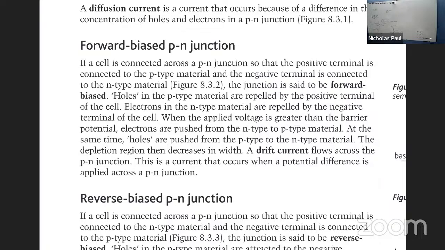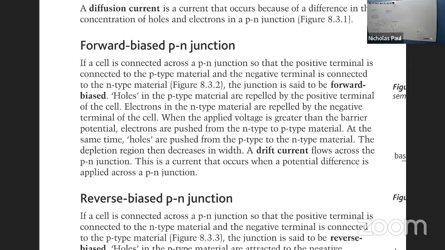The holes in the p-type are repelled by the positive terminal of the cell. Electrons in the n-type are repelled by the negative terminal. As a result, when the applied voltage is greater than the barrier potential, electrons are pushed from the n-type to the p-type. That's okay? So the negative charge here is pushing the electrons across the depletion region. Okay?